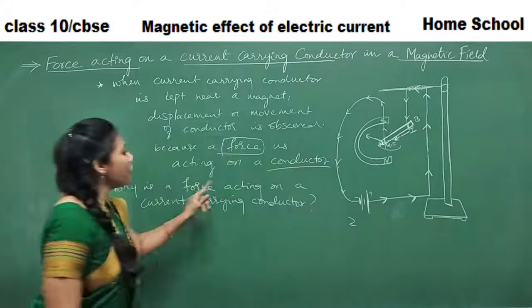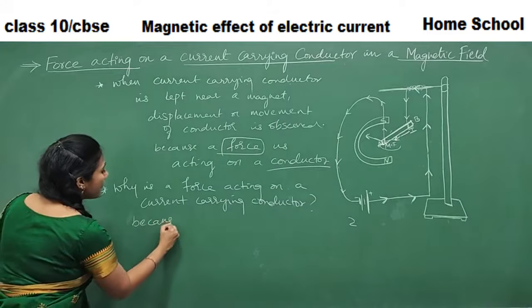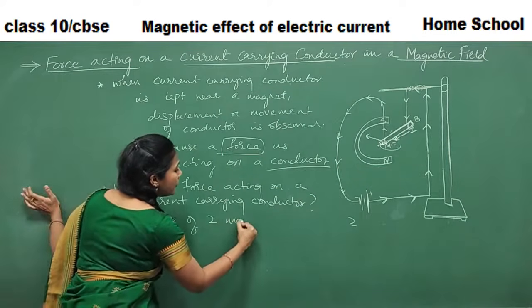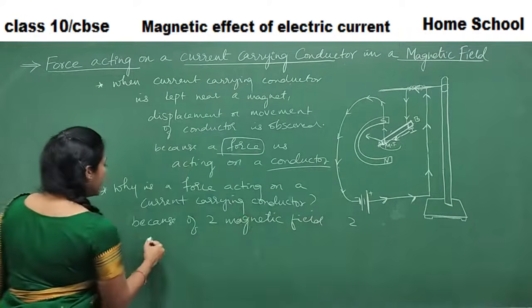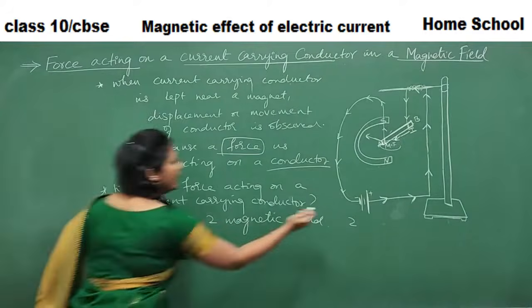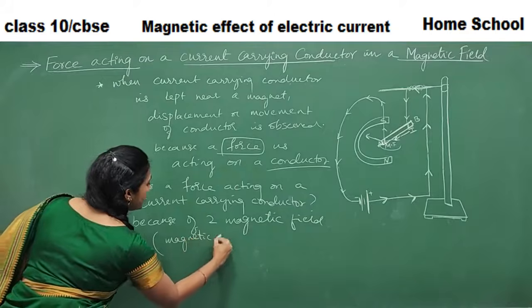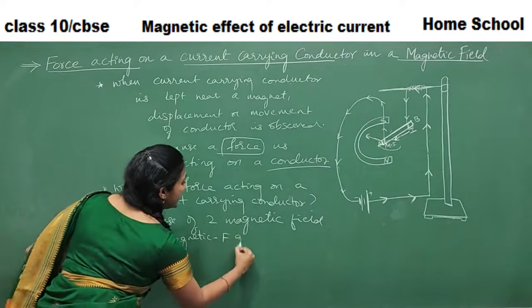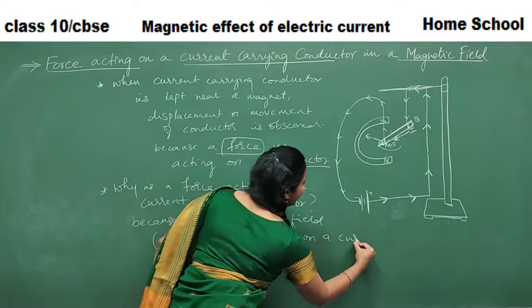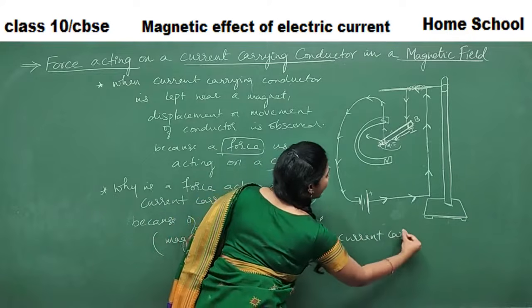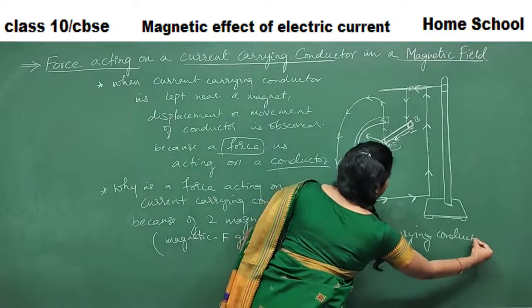Okay, so why is the force acting on a current carrying conductor? It is because of two magnetic fields. What is the first magnetic field? One is the magnetic field generated on a current carrying conductor. Yes or no? Whenever current is there in a conductor, only then can a magnetic field be generated, right?